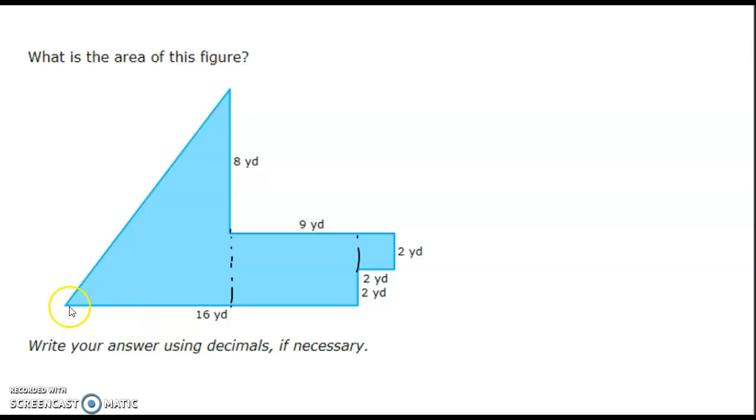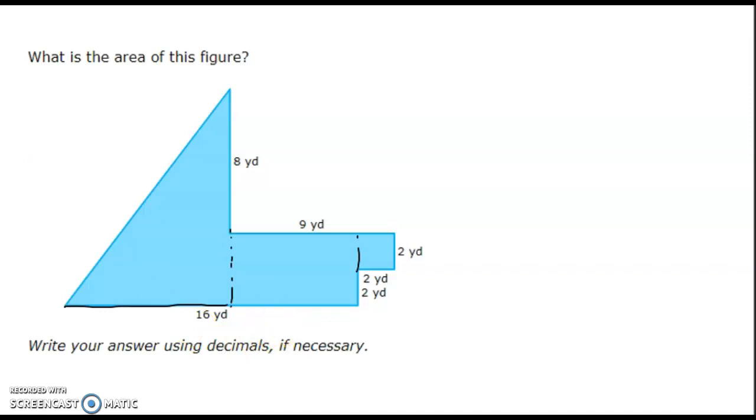All right, so I need to find this base, but that isn't 16. The 16 covers this whole entire thing. So I just need this portion. Maybe I can just subtract this. Well, not necessarily, because this whole thing is 9 from up here.